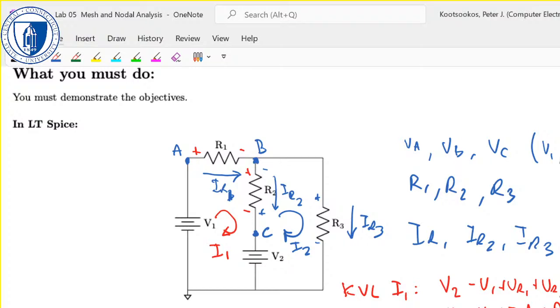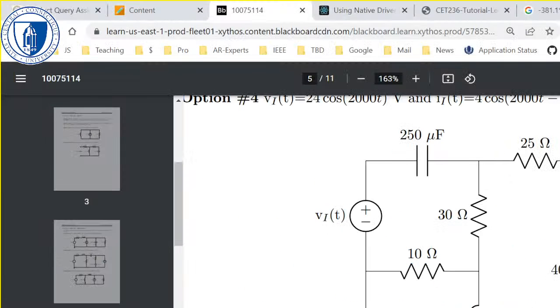So the only tricky one out of all of these is going to be VB. Right? That's the voltage up here. And you could get that a number of ways. I think the easiest way to get it is to just say VB is really equal to VR3. Oops.